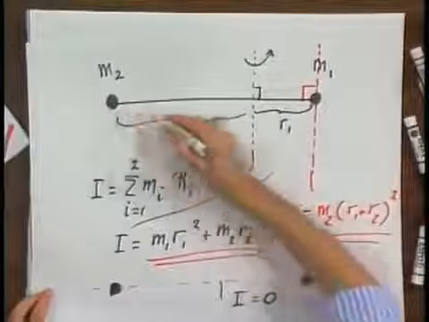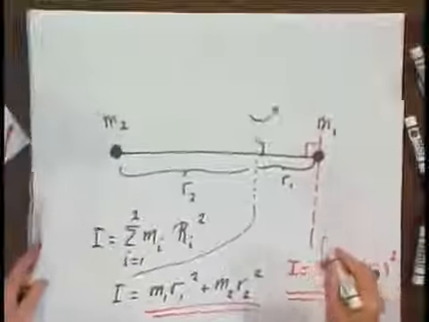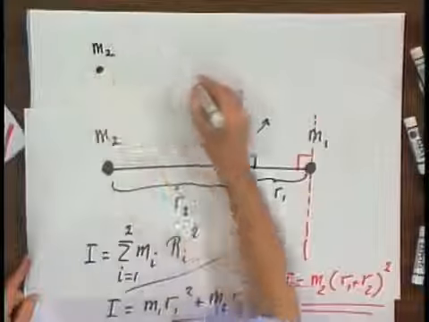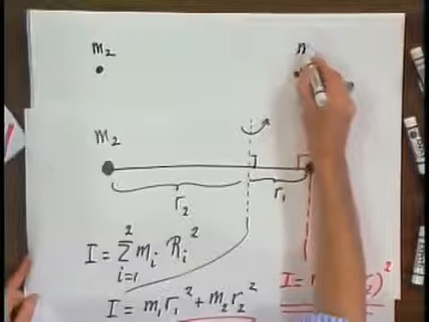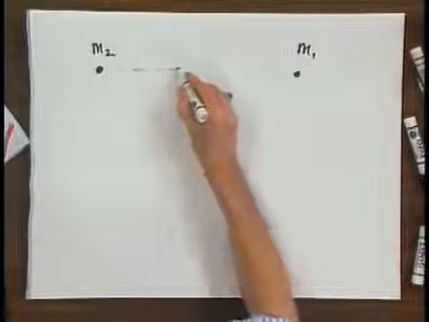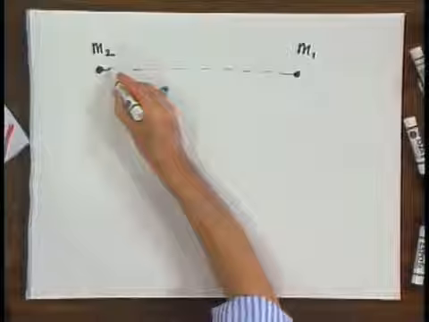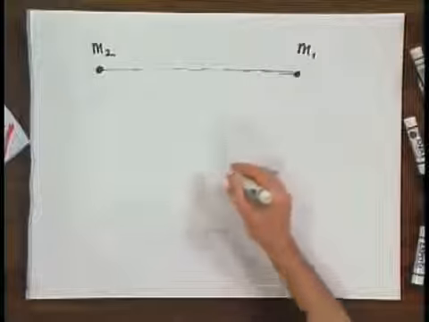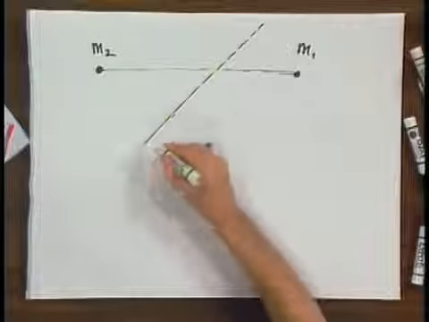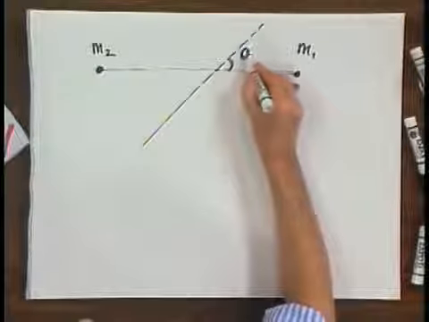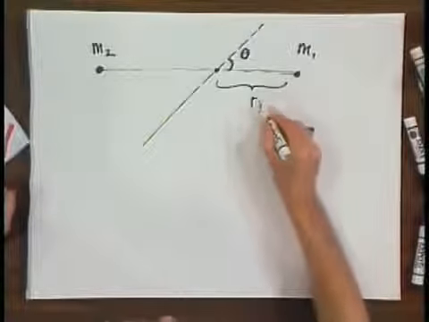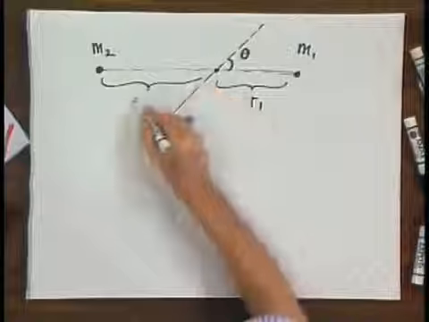If I continue with this rather artificial situation, whereby we have a point mass m2, and we have a point mass m1. Point mass means no finite size, and this is a massless bar that connects the 2. And if now I make them rotate about this axis at an angle theta, and this is r1, and this is r2.